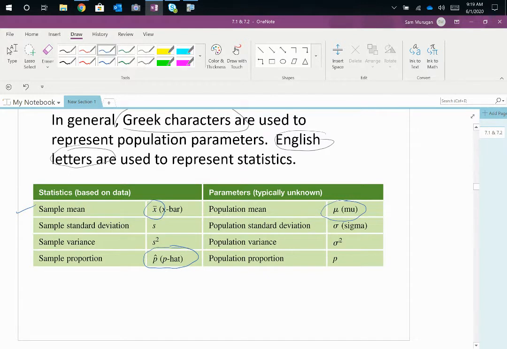And for parameters, when we're talking about the population, standard deviation is sigma, population variance is sigma squared, and population proportion is simply designated as p. Notice the difference here. Sample proportion is p hat. Population proportion is designated as p. This is going to come back later when we calculate standard error.